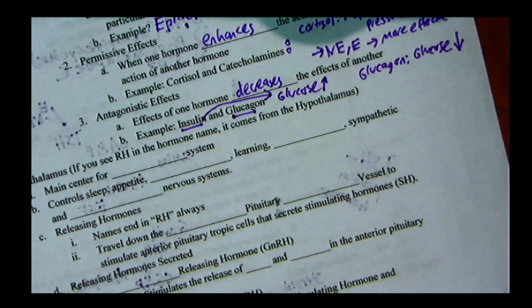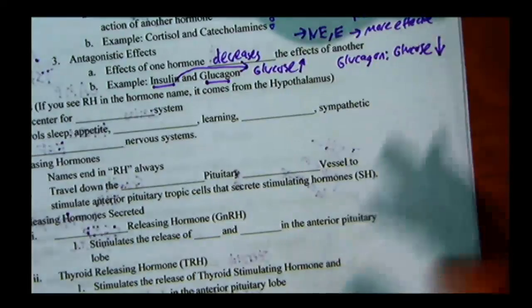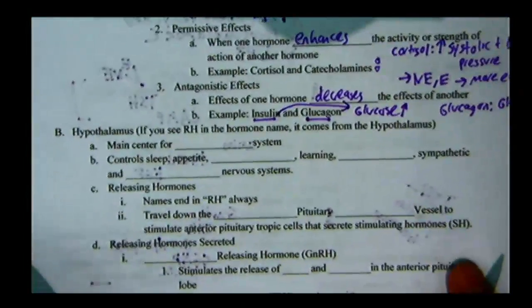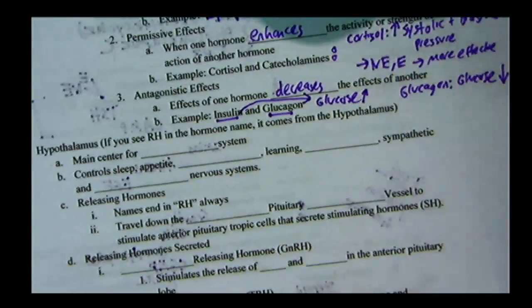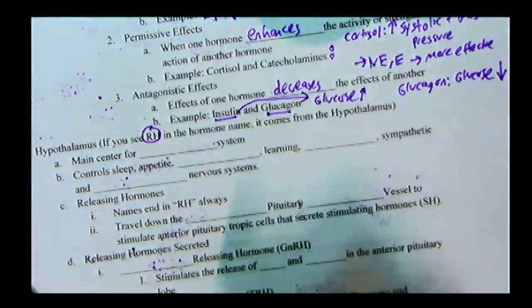So first is the hypothalamus. The biggest thing that you need to know is that if you see RH in the hormone name, it's from the hypothalamus, no matter what. If she asks which of the following is released from the hypothalamus, or isn't released from the hypothalamus, you pick the one that doesn't end in RH.